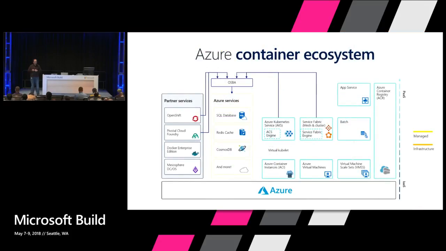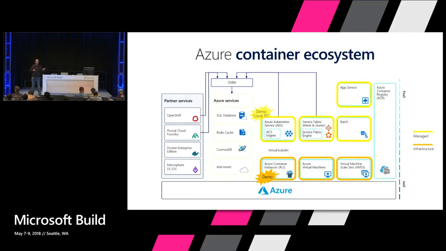Okay. So this is the Azure container ecosystem. As you saw, below are what is considered infrastructure: either VMs, VM scale sets, or ACI. And then up above, you can see other products like AKS with Kubernetes, or Service Fabric, or Service Fabric Mesh, which is more PaaS, and I will talk about that later on, batch or app service.